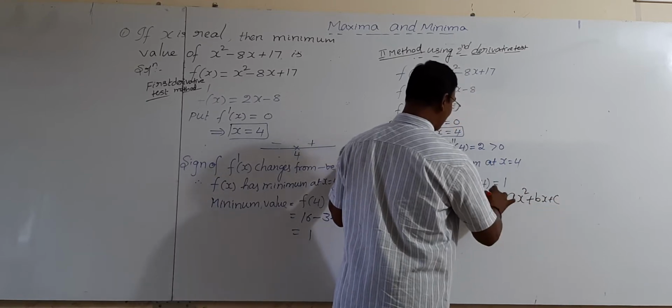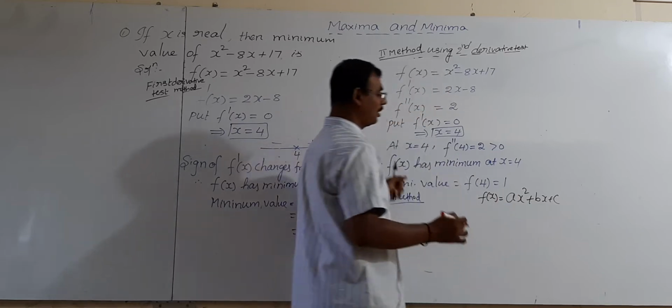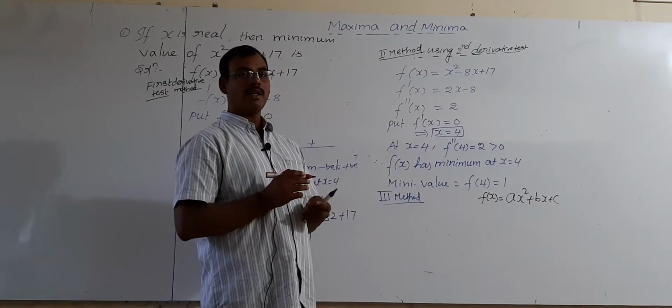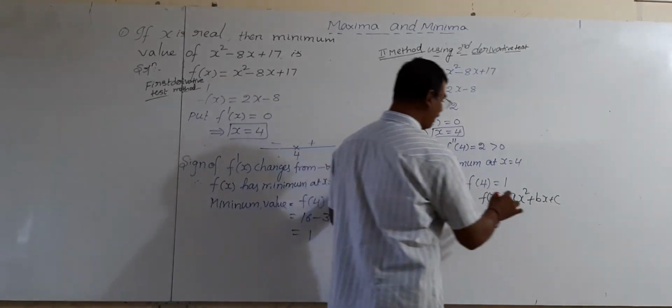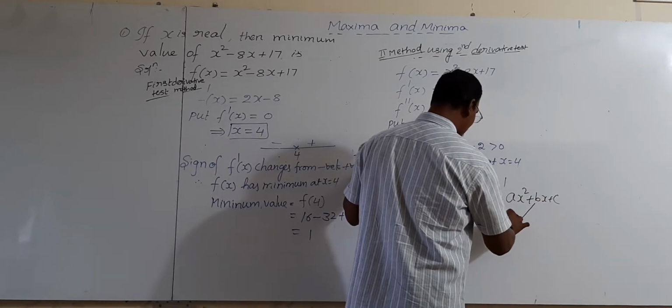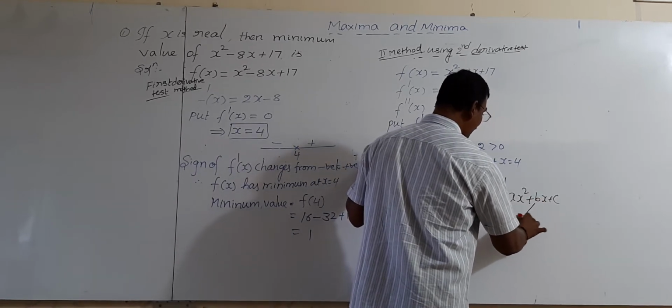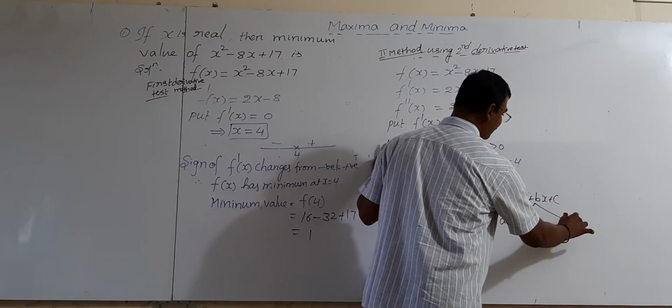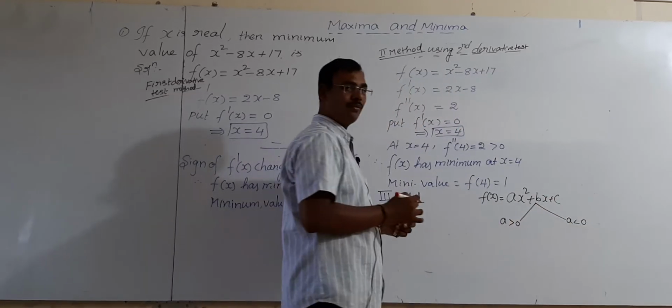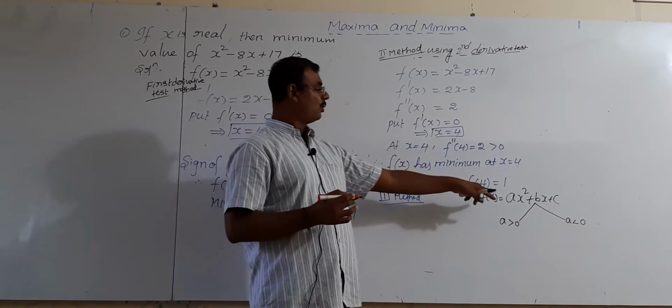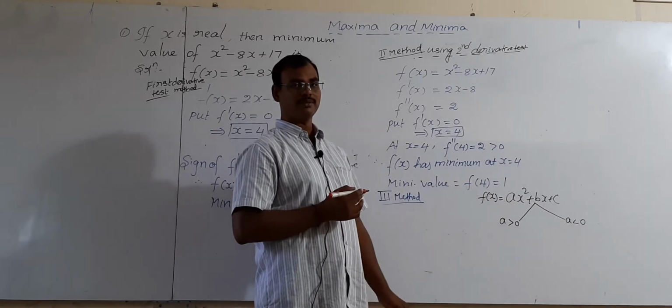This is f of x. Whenever you see the quadratic form, two conditions exist: one is a greater than 0, the other is a less than 0. A is what? Coefficient of x square.